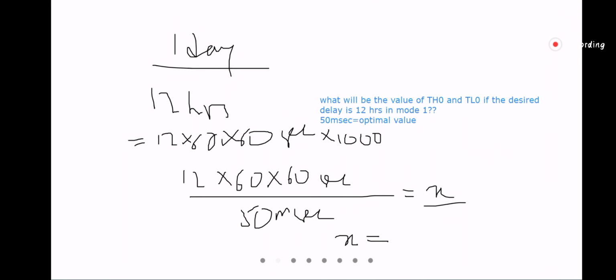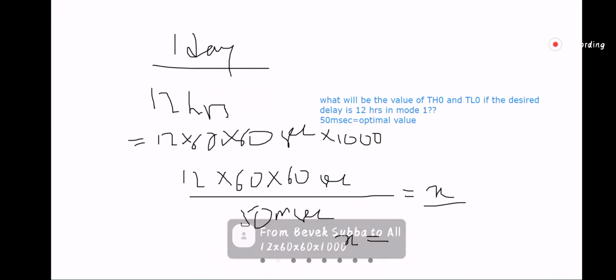Multiply by 1000, sir. Milli is into 1000. If you want to convert into millisecond, it is into 1000.